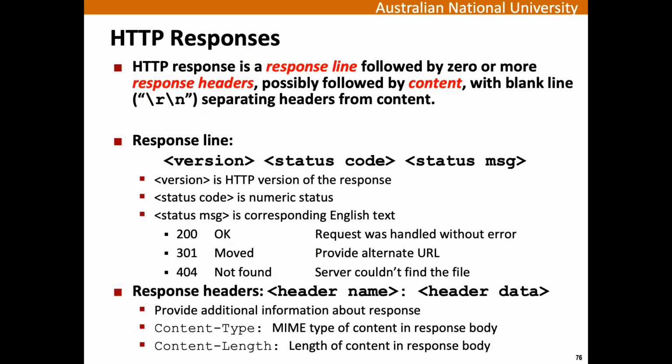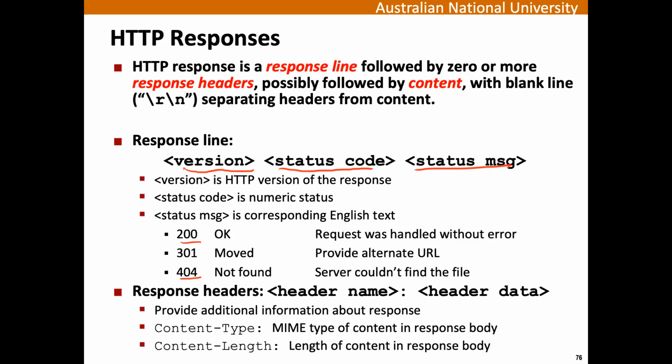And then responses come back in this format with the version number and the status code 404, 301, 200, and some message describing the error. And the response is a response line followed by zero or more headers, possibly followed by content, with blank lines separating headers from content.